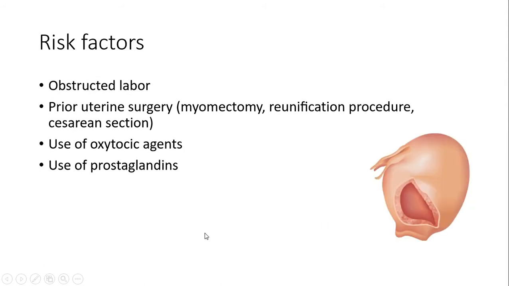What are the risk factors for uterine rupture? These are obstructed labor, cephalopelvic disproportion, anatomically narrow pelvis, prior uterine surgery, myomectomy for uterine leiomyoma, surgeries for treating uterine abnormalities, and of course cesarean sections which were previously done for a specific patient.